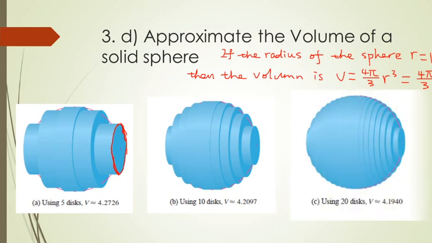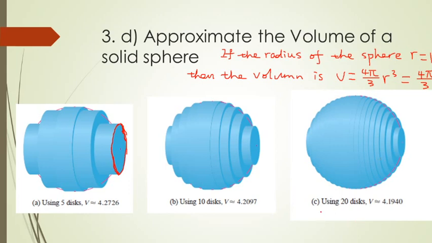And then I increase my number of discs to 20. From here you will notice that if we increase the number of slabs, it will be more accurate, closer to the solid sphere.